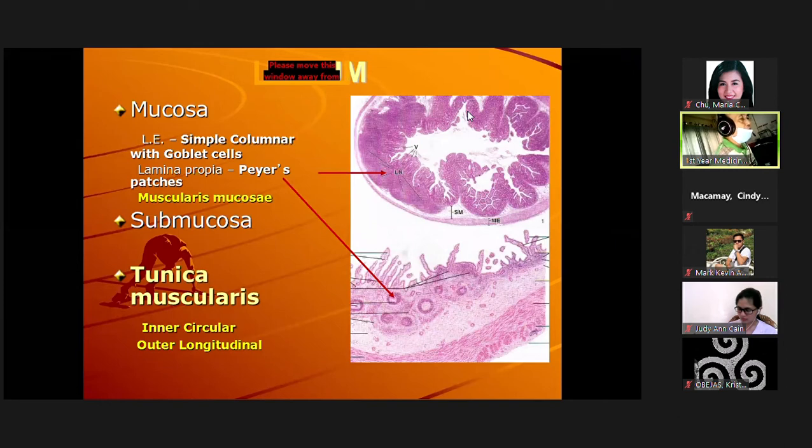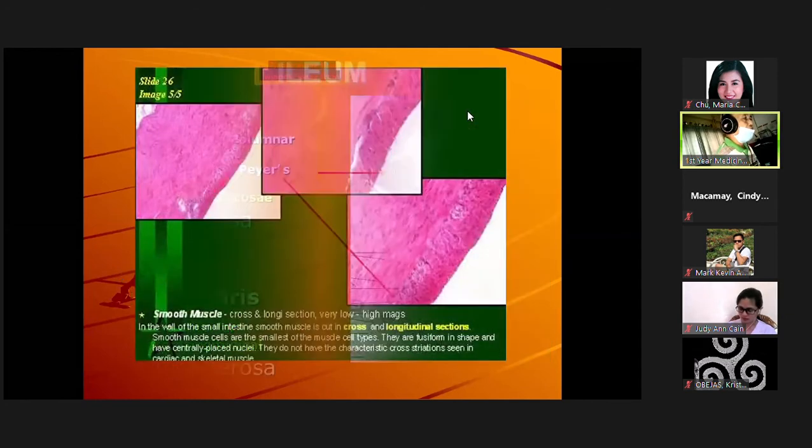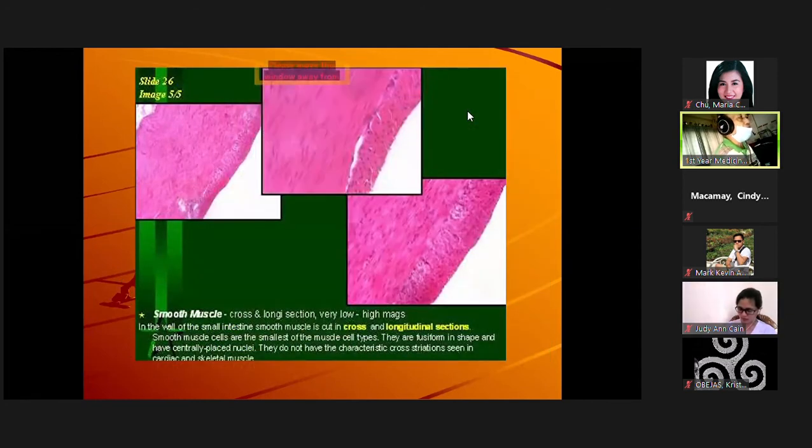There is an oblique muscle. Anyway, we will go to that later on. And then the tunica serosa. As I said, it can be serosa if it's covered by your peritoneum. If it's not, then it is called tunica adventitia.